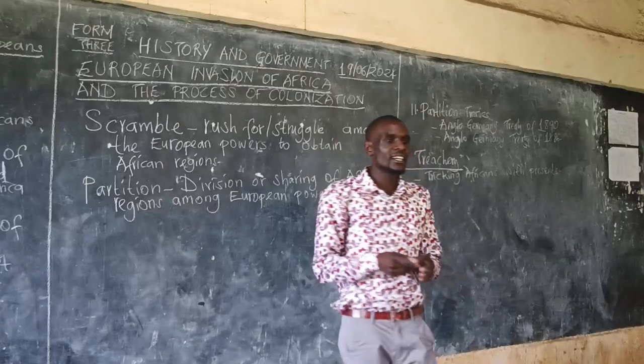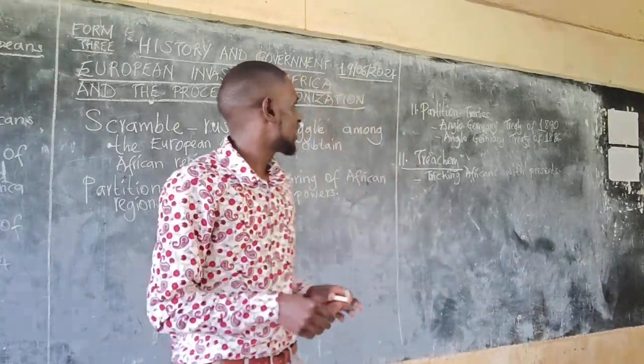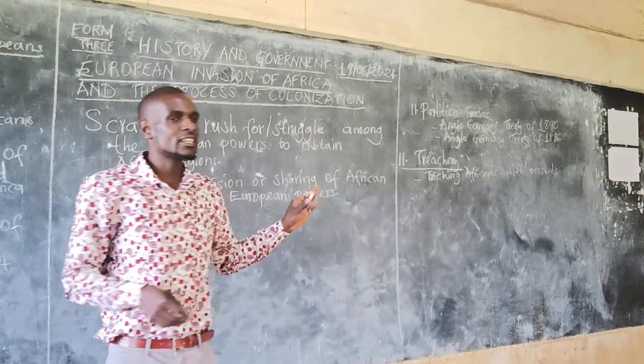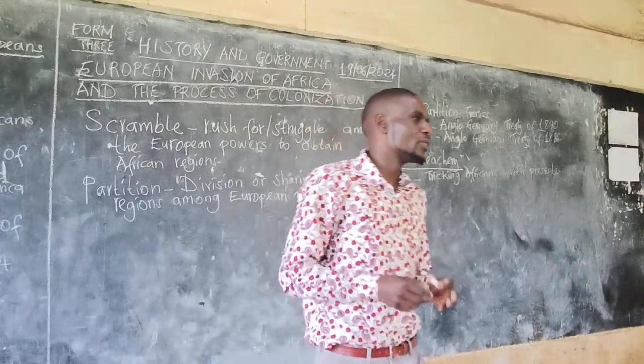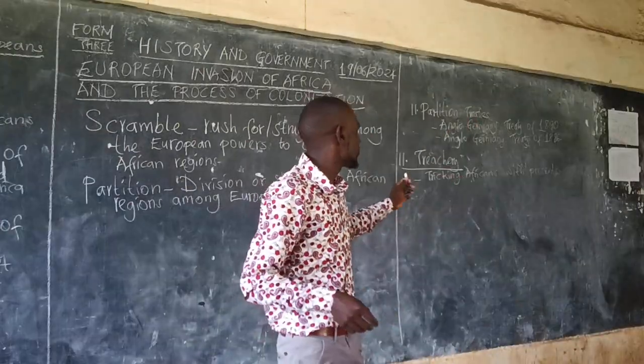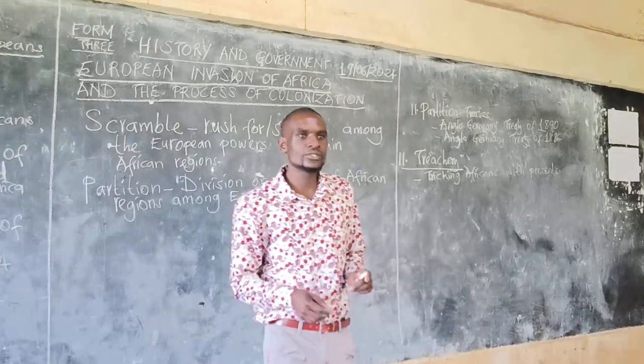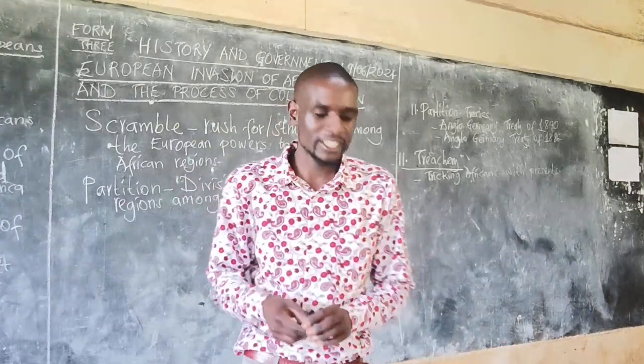The Europeans, when they came to Africa, could trick the African rulers with presents such as clothes, beads, and alcohol, so that they could sign treaties. That's another method that was used by the Europeans to acquire colonies in Africa.